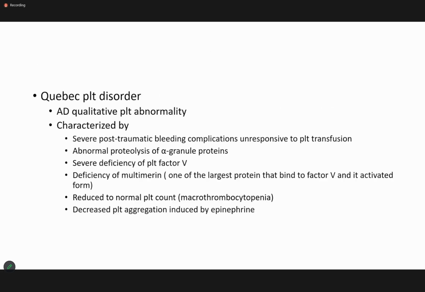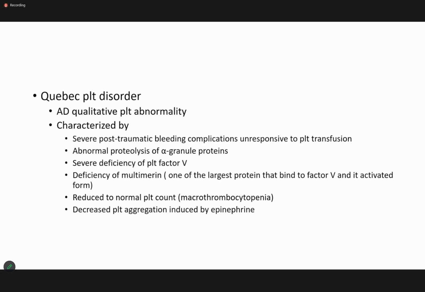Other than that, we also have Quebec platelet disorder. Quebec platelet disorder is an autosomal dominant platelet abnormality, and these patients can have severe post-traumatic bleeding complications which are unresponsive to platelet transfusion. At the same time, they have a deficiency of multimerin, one of the large proteins that bind to factor 5 and its activated form.